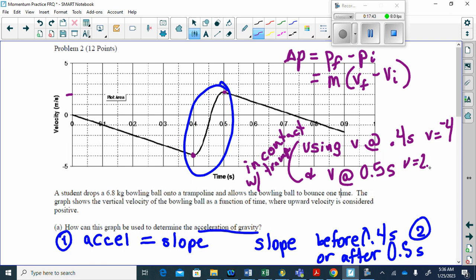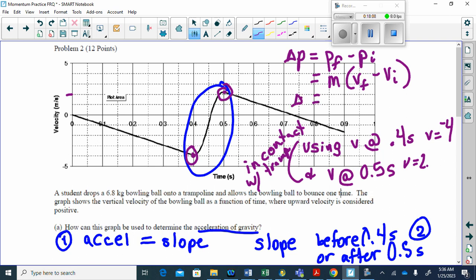If you use 2.3, or a slightly lower number for this, as long as we're pretty close and we can tell the values came from this region, your answer, as long as it's consistent with the numbers you picked, is fine. So I'm going to use 2 for simplification. So using these two velocities, we're given the mass.